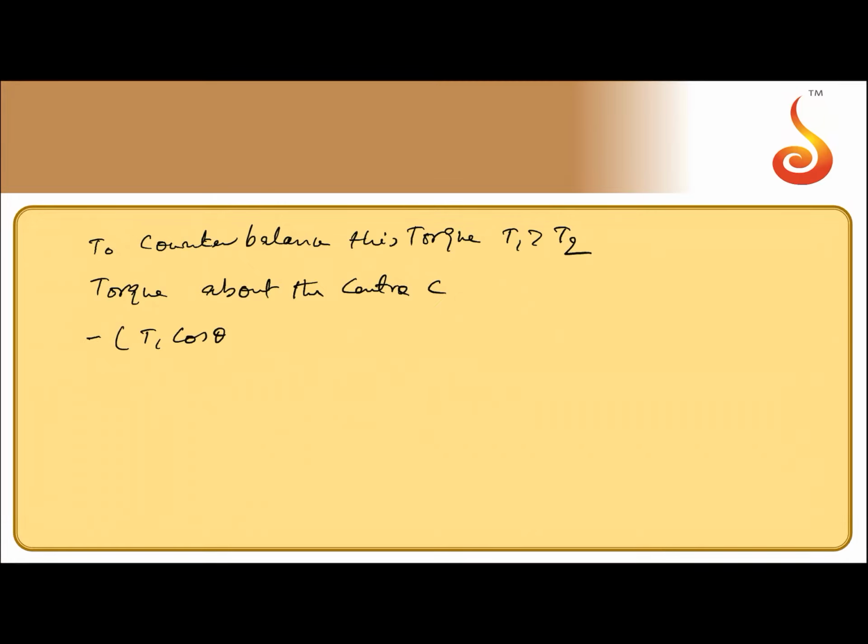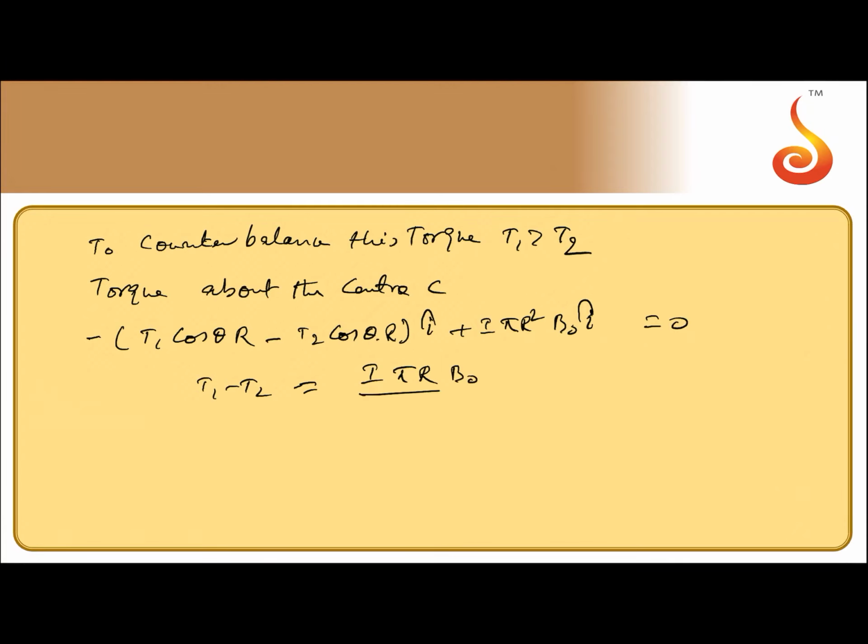T1 cos theta into R minus T2 cos theta into R i cap plus I into pi r square B naught i cap. This must be equal to 0. So this gives us T1 minus T2 is equal to I pi r B naught by cos theta.